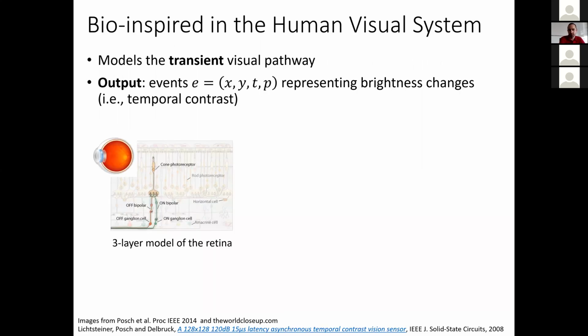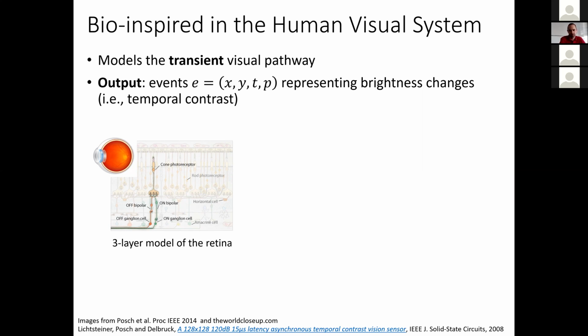And actually, event-based cameras are bio-inspired sensors, and they try to mimic the model of the transient visual pathway in humans. How it all starts is that you try to know how biology works. So you look at the retina, and you come up with a simplified model of the different layers of the retina.